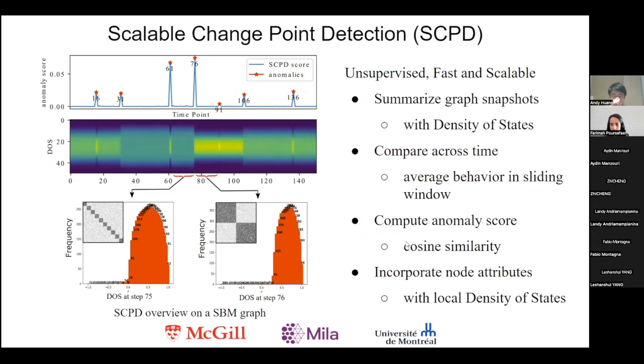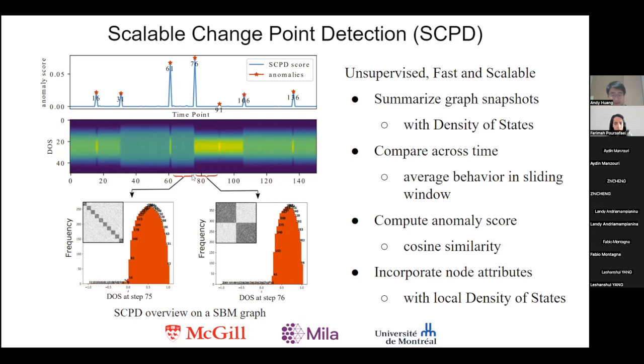Okay. So going back to the plot here. On the top, we see the output of the SCPD, which is a time series of anomaly scores. And the higher anomaly scores are detected as the anomalies. Here we are showing one synthetic experiment where the change points correspond to changes in the stochastic block model, which represents the community structures in the random graph.